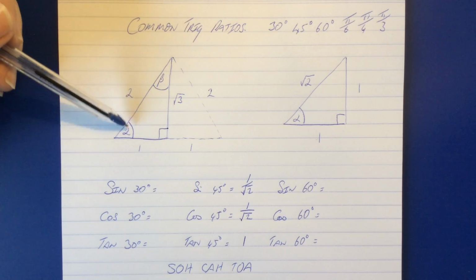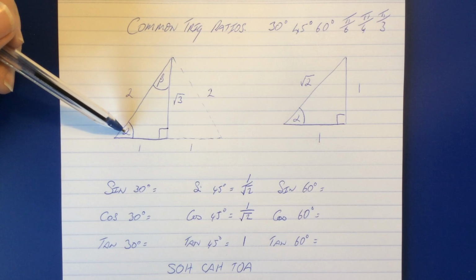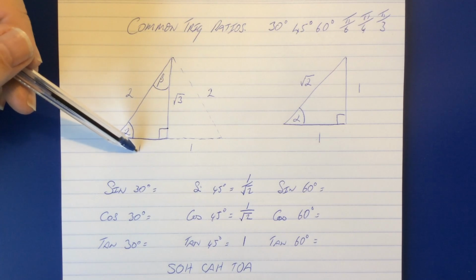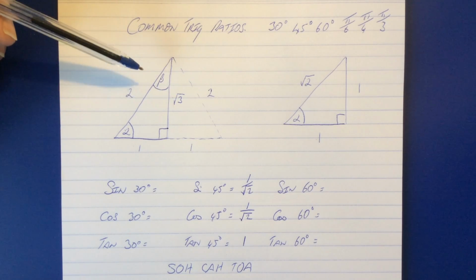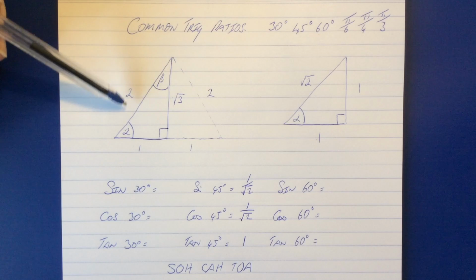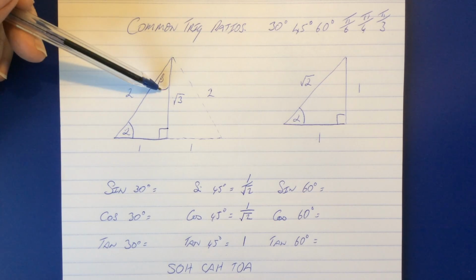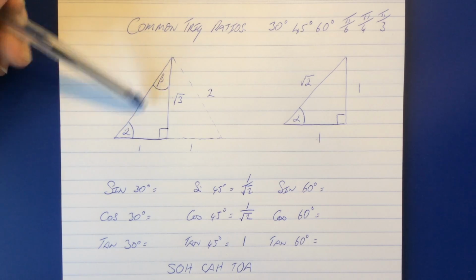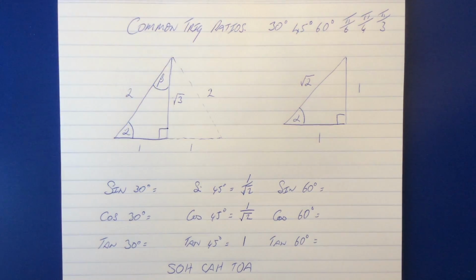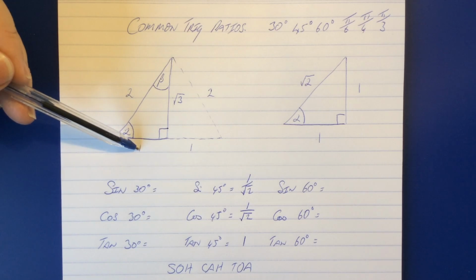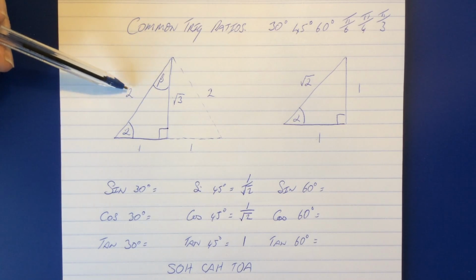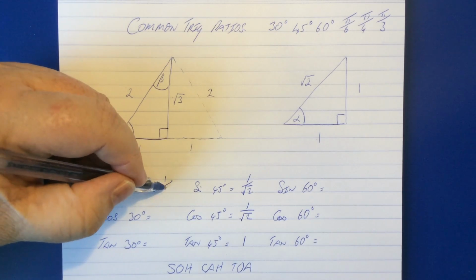So we have a triangle where we know the angles, 60 and 30, and we know the lengths, 1, 2 and the square root of 3. So we can go looking for the exact values of the sine, cosine, and tangent of each of these two angles. Let's do 30 degrees first, this one up here. Okay, so the sine of this angle here will be the opposite over the hypotenuse, 1 over 2.